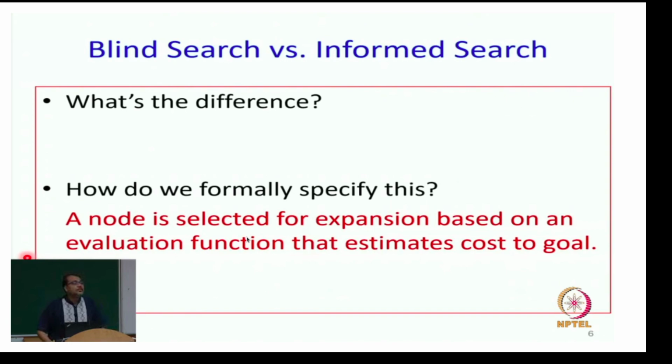Say a node of a tree has an estimated evaluation of, let's say, 100. What does that signify? It signifies that to reach the goal node from that node, you will most likely incur 100 rupees, or 100 units of cost.